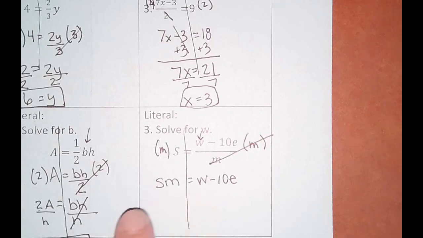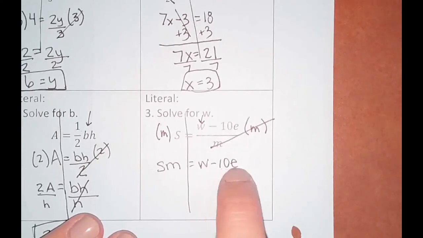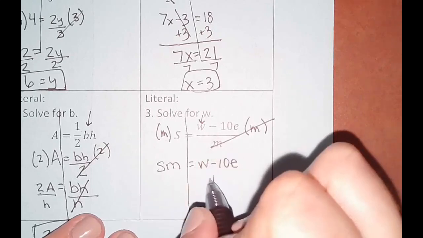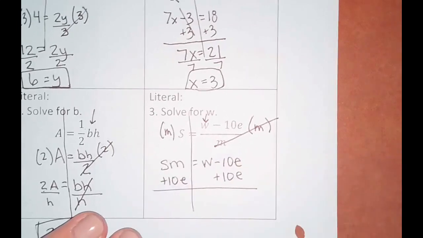So sm and this e term are not like terms, so I leave it as sm plus 10e equals, these e's cancel, w drops down. Final answer. So you could also have ms plus 10e equals w. That's fine as well.